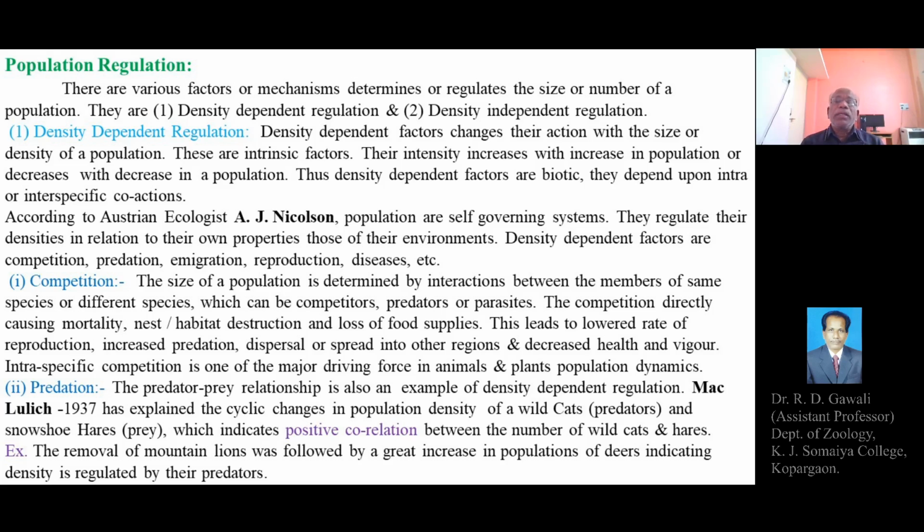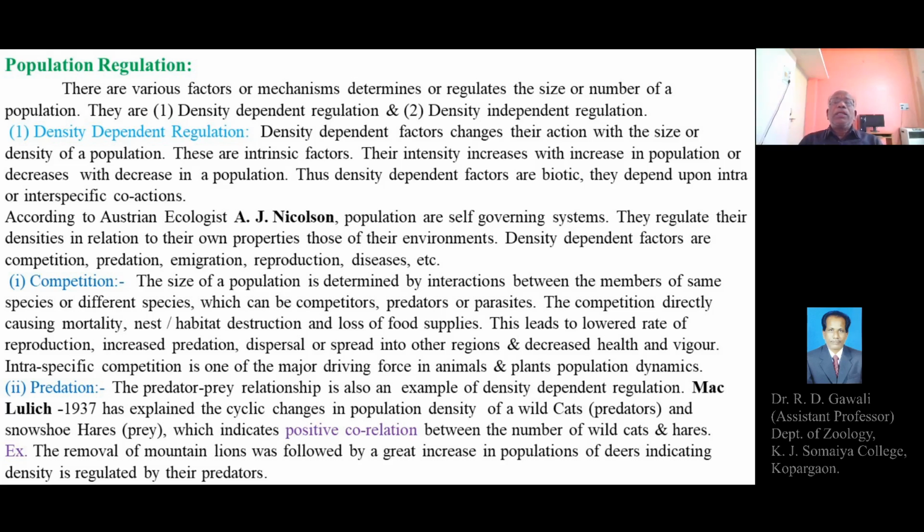In short, density means the population size or the number of individuals in a population. If it is increasing or decreasing, that will affect positively or negatively with the increase or decrease in the number of individuals.